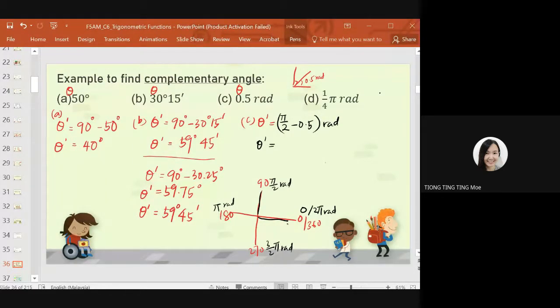So pi has to be changed into numbers, because the other side doesn't have pi, so you cannot remain your answer in pi. Where is my calculator? Okay, you count for me, okay? Pi over 2 minus 0.5. So what is your answer?